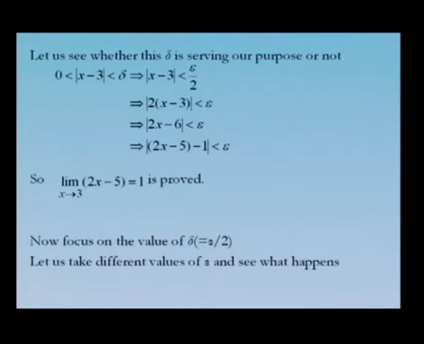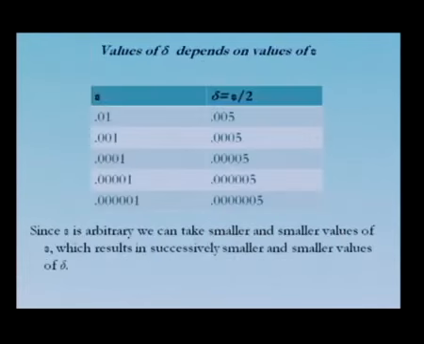Now focus on the value of delta, which is given to be epsilon by 2. If you take different values of epsilon, we will get different values of delta as shown in the table. When epsilon is 0.01, delta is 0.005. When epsilon is 0.001, delta is 0.0005.